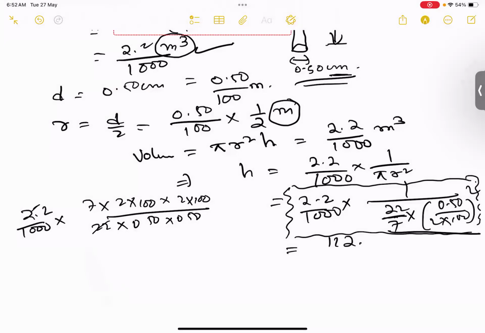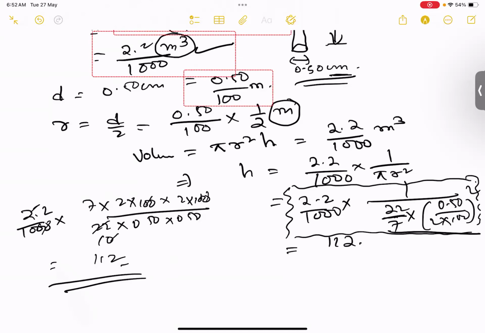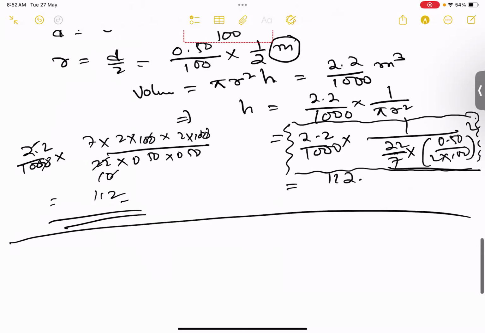So you just solve it. And if you solve, then you'll get it as 112 meter. Oh, sorry. It's not 112, it's 12 meters, sorry. So the answer is 12 meter.